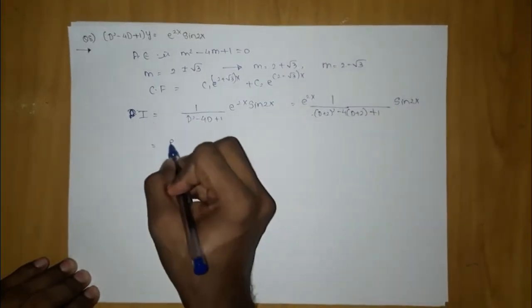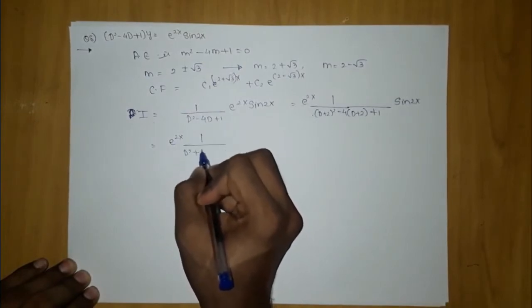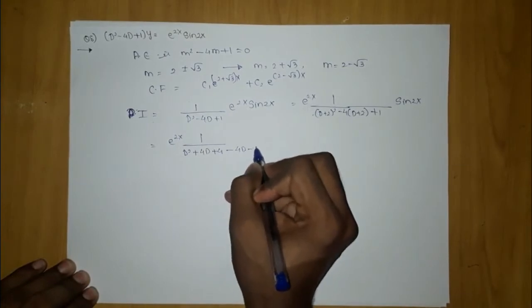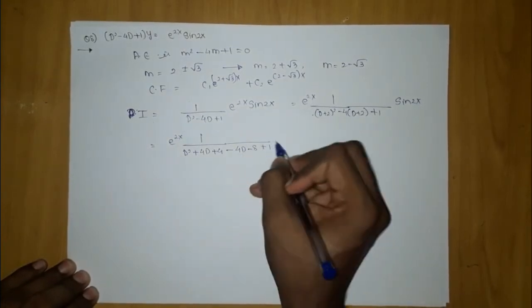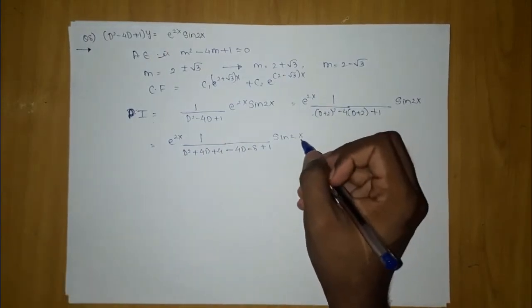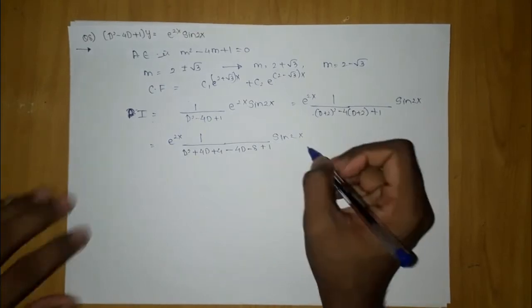After this, e to the power 2x upon D square plus 4D plus 4 minus 4D minus 8 plus 1 into sine 2x.